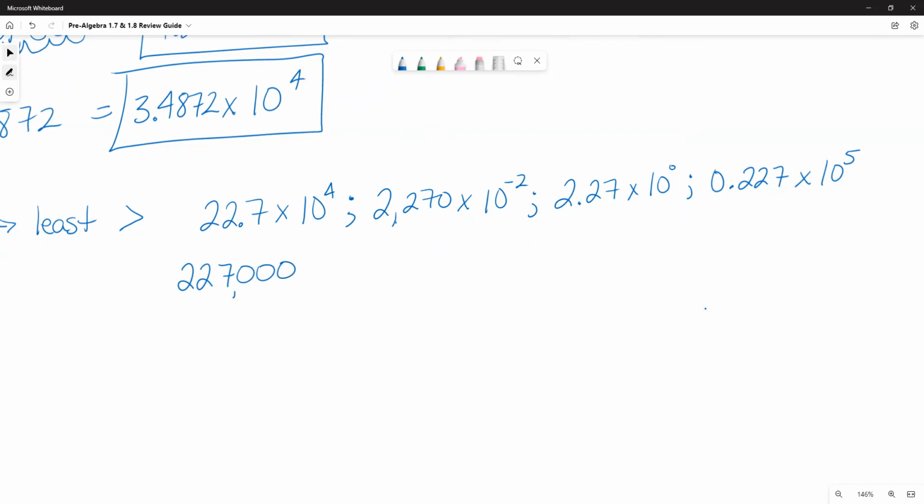So what's that number? 22,... There we go. All right, Zachary, 2,270 times 10 to the power of -2. What's that number? Remember, -2 means you're making that number smaller. There we go. Very good.